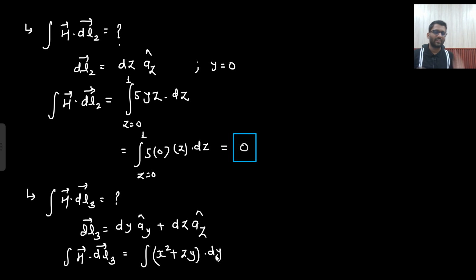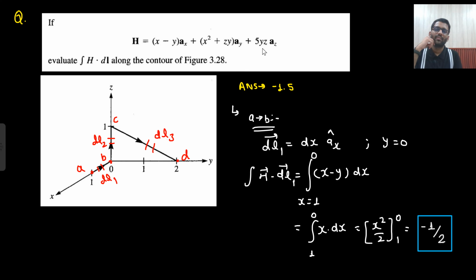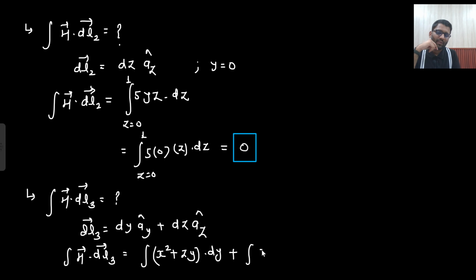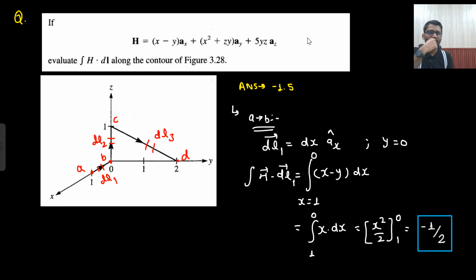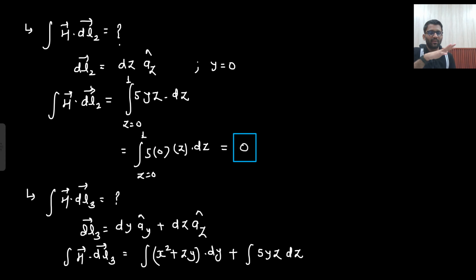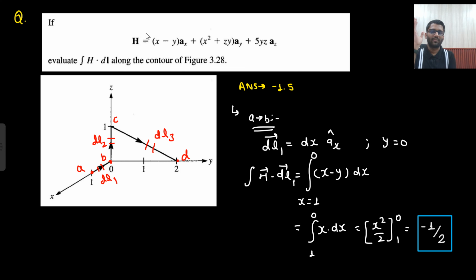I hope you are able to understand this. The function was there, I just did dy ay cap plus dz az cap. So ay dot ay will be 1, az dot az will be 1. The ax term will not even come.